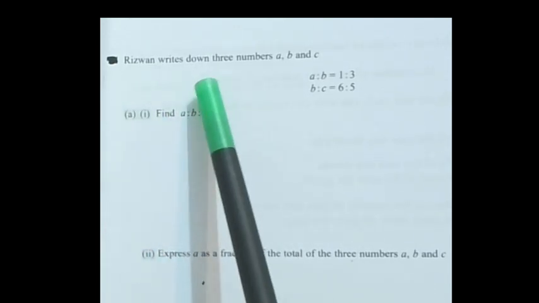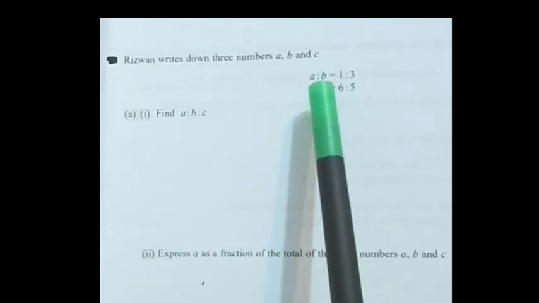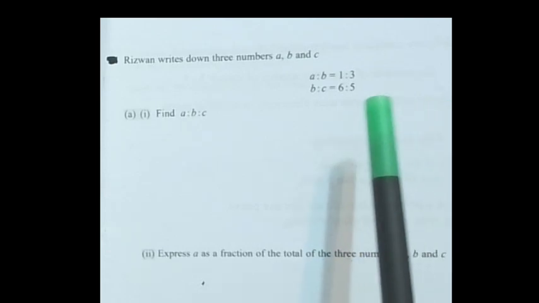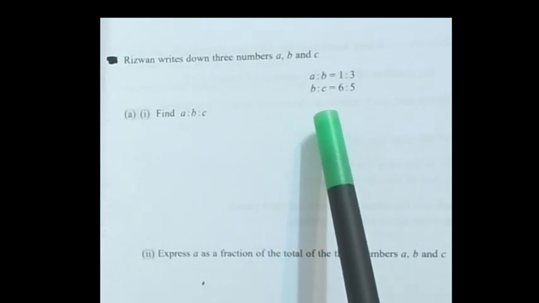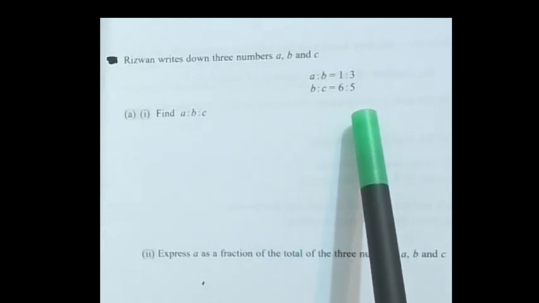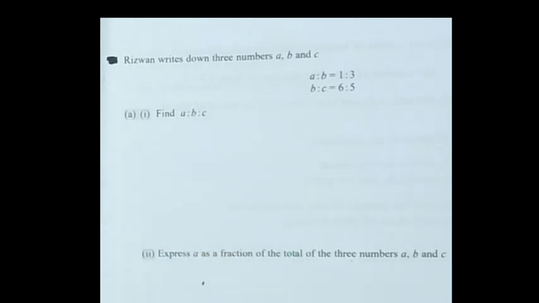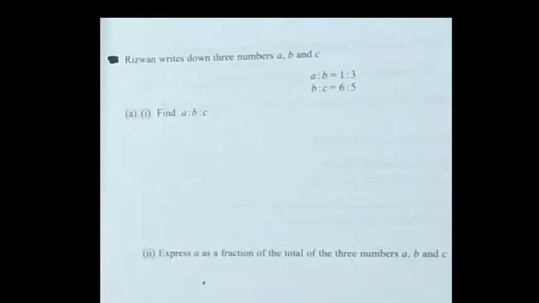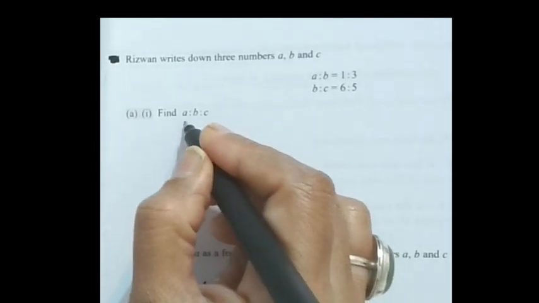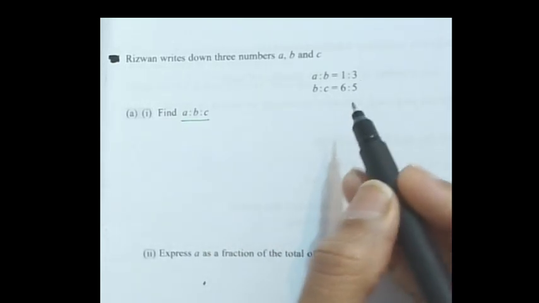Rijwan writes down 3 numbers A, B and C. A ratio B equal 1:3, B ratio C equal 6:5. Find A, B, C. Now they are asking you to write your answer in A, B, C. Okay, so you need to write in this way, A, B and C. So first we will get the information given to us.